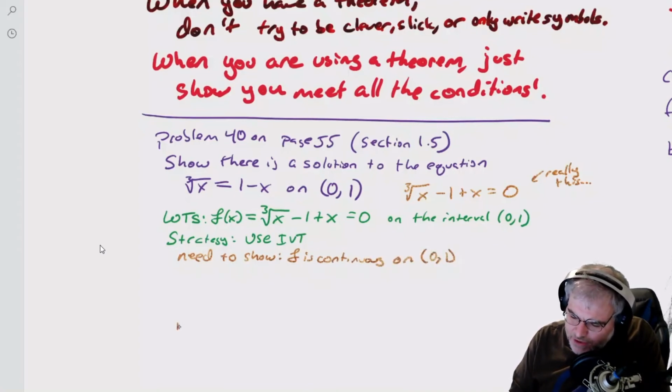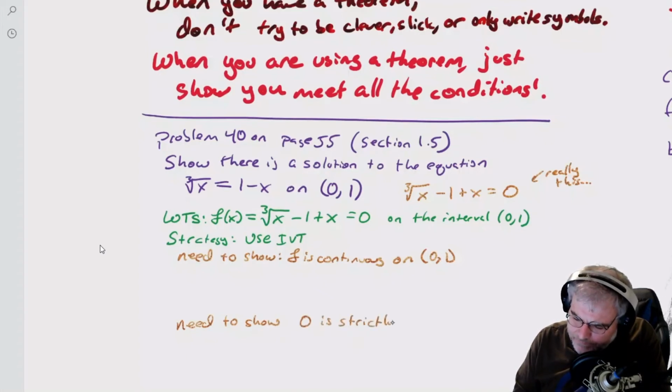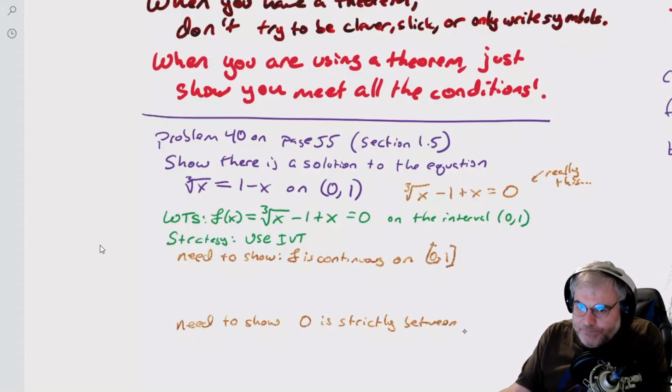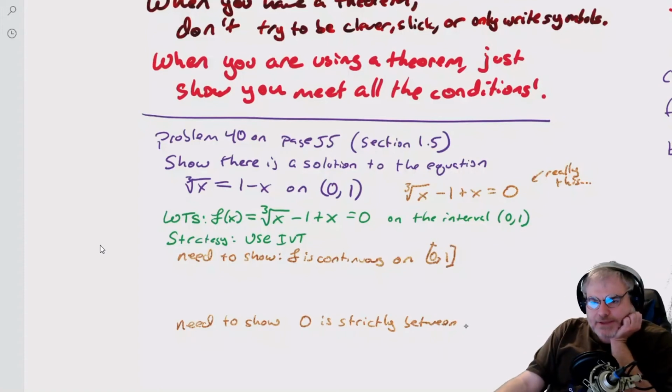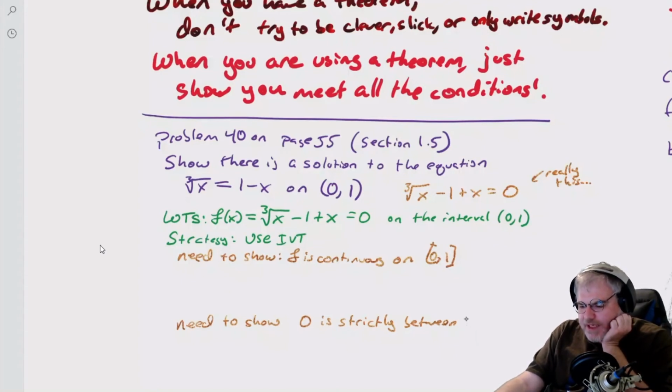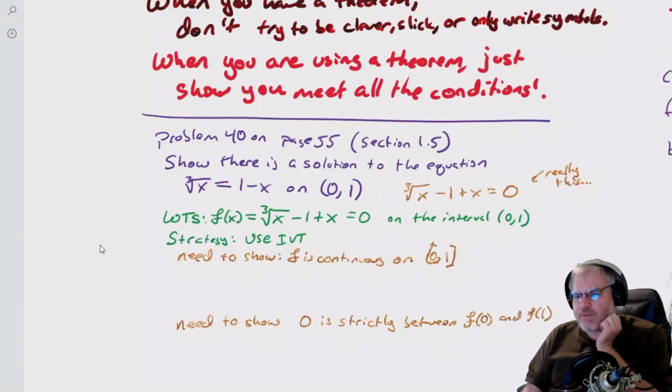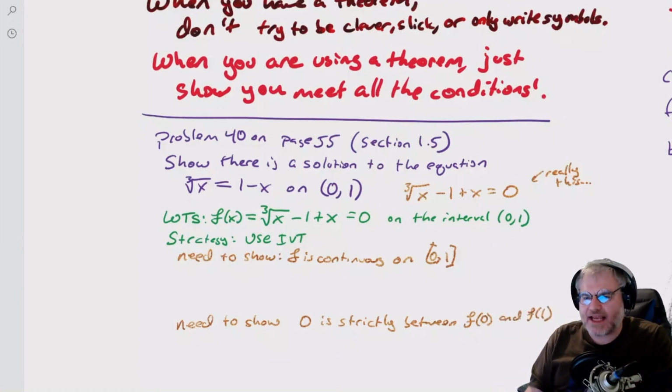I need to show that it's continuous on the closed interval. And I need to show 0 is strictly between f of 0 and f of 1. So how do we feel now about what you kind of have to do?